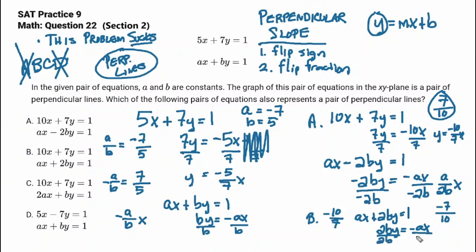All right, so what do I got? I got negative a over 2b x. Here's the slope. Now think about it. Negative a, negative 7 is 7 over 2b. 2 times 5 is 10. It's exactly what I was looking for. And I finally got to the answer.